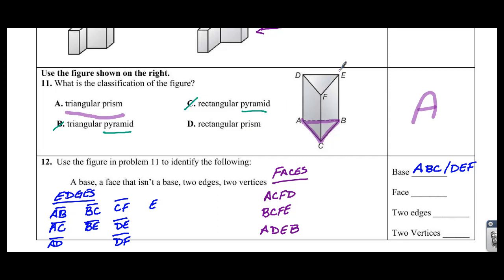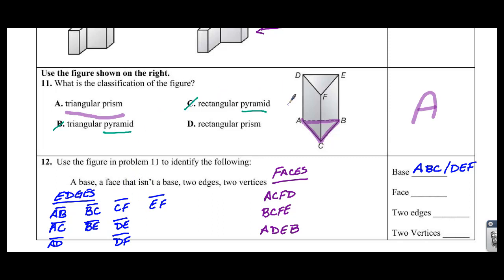When I start with E, I've already had E to B, I've already had E to D, so I've got E to F. And I think F I've connected to everything. So 1, 2, 3, 4, 5, 6, 7, 8, 9. And you have to have two out of those 9.